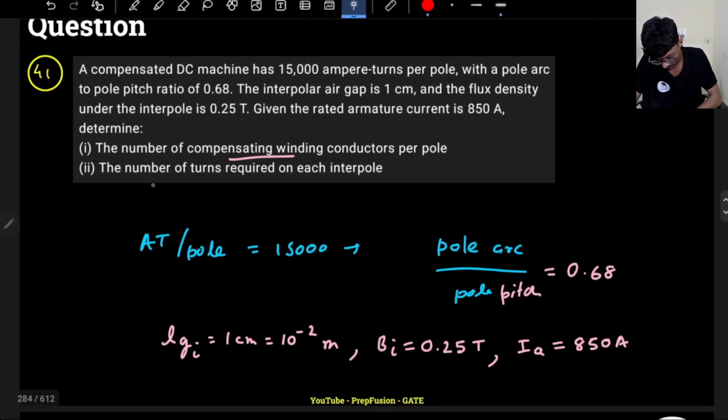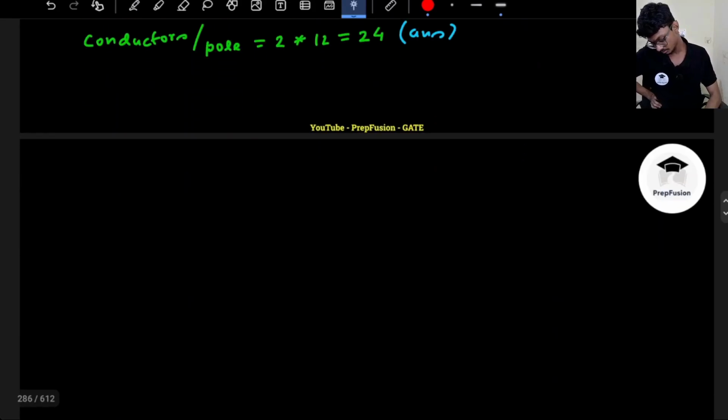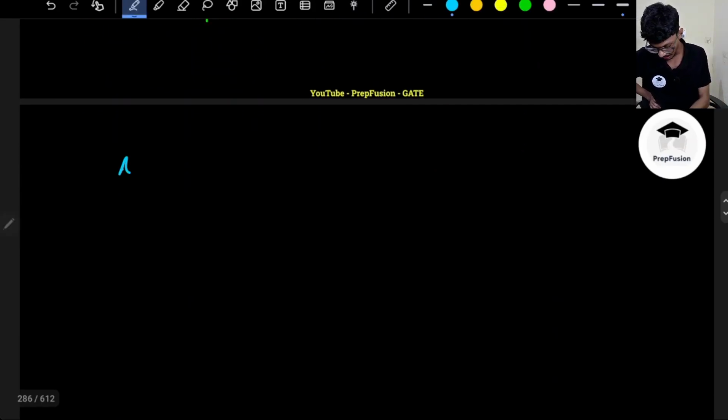Now the second answer: the number of turns required on each interpole. What is the interpole ampere turns per pole?